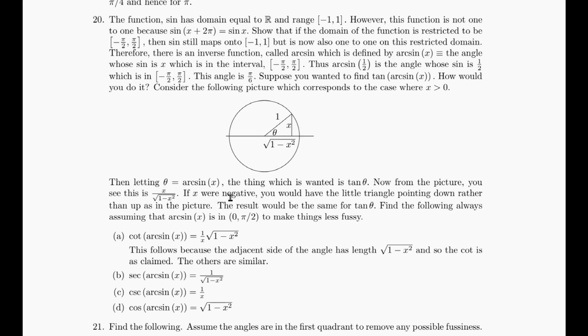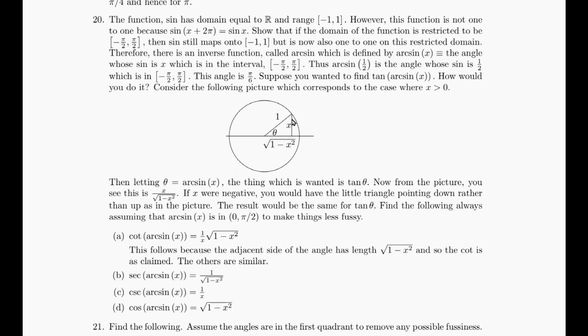All right? Now, if x were negative, you'd have the little triangle pointing down, and then you'd have to put in a minus sign. So let's go ahead and assume that the angles are between 0 and pi halves, so that we don't have to fuss with minus signs. What would the cotangent of the arcsine of x be?